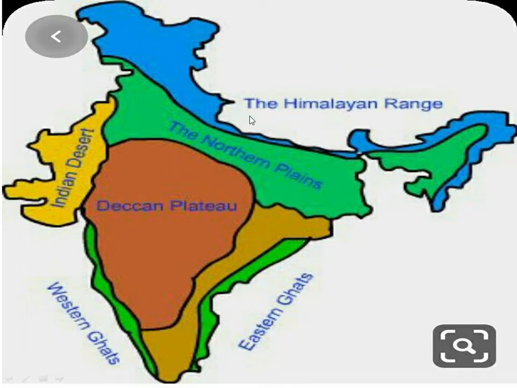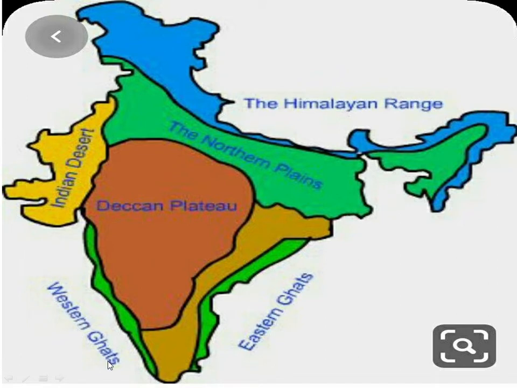So, please see this map. What are we seeing in this picture? In this picture, we are getting to know India is composed of different kinds of landforms. You see these mountains in the north, as well as desert in the west, and we have the plateau region in the central part of India, and we have plains, and the coastal plains, as well as the Ghats.